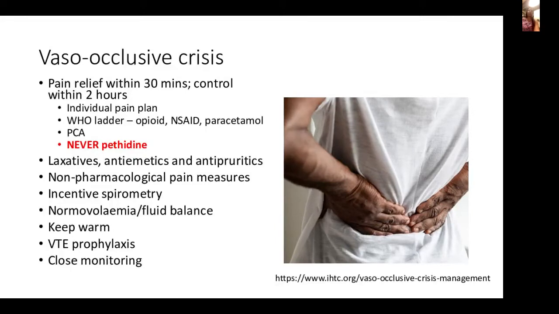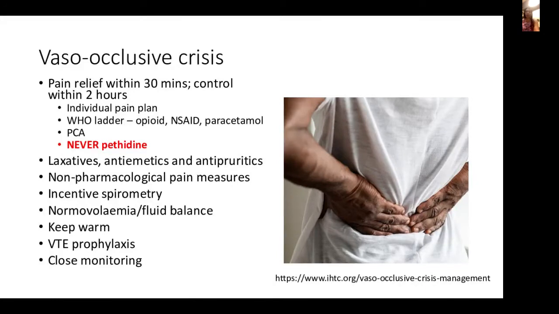The other thing that's important is to make sure you maintain normovolemia. Previously people used to put patients with sickle cell on 1.5 times maintenance, but that's actually falling out of favour, because if they've got cardiac dysfunction, it's not good to flood them. Sometimes patients may have renal complications, so they can have very dilute urine because of the sickling in the kidneys.